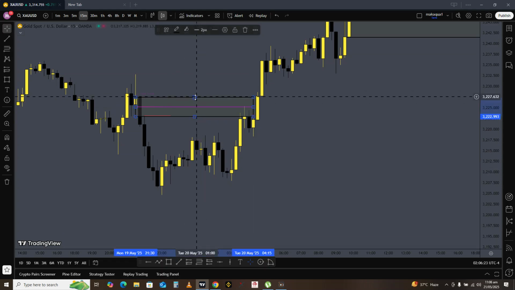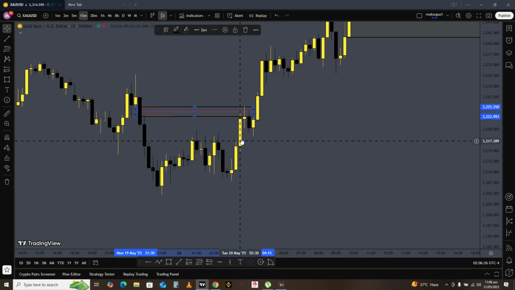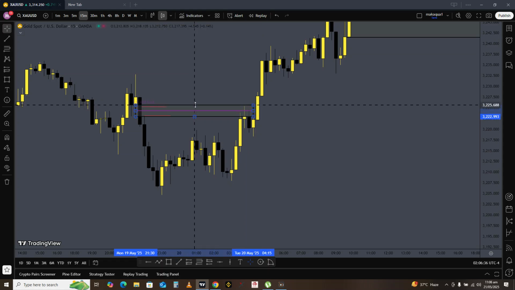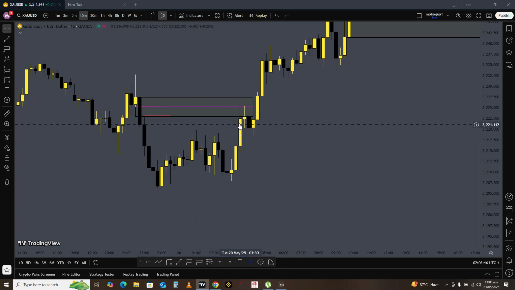This was your general fair value gap. Now the price is coming in, rejecting a bit, then it's going up and taking all of the fair value gap, putting a wick over it. But if you extend this fair value gap to the institutional fair value gap values that I have told you earlier, you see exactly from the 50% the market is rejecting and giving you a good entry.